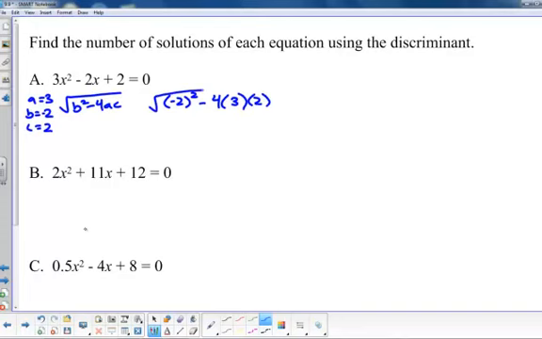We're not going to worry about the rest. We're just figuring out how many solutions. So we have 4 minus 4 times 3 is 12, times 2 is 24. So we have a negative under the square root. This one has no solutions. It does not cross the x-axis.